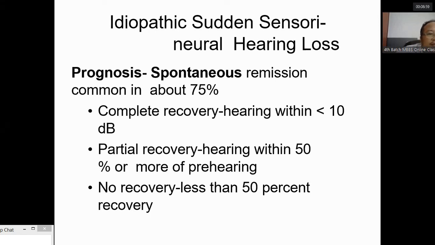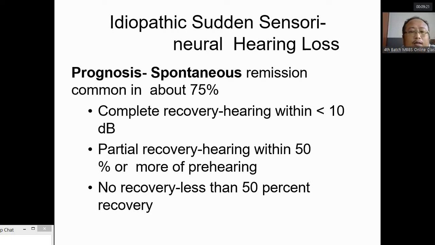Complete recovery might be there if only a slight hearing loss developed. Partial recovery in case of 50%, and 50% might not have the complete recovery, even though we wait for 6 months or more.